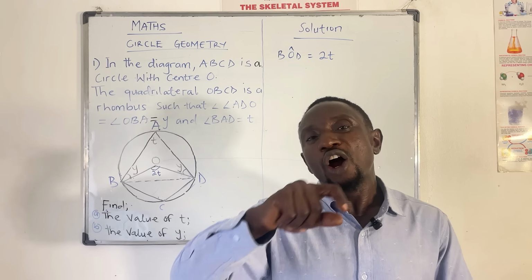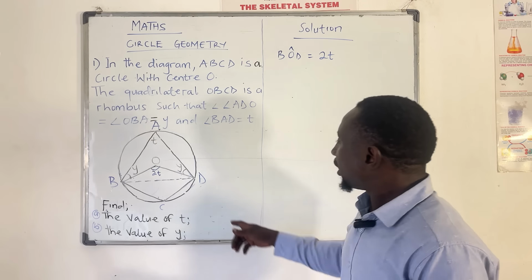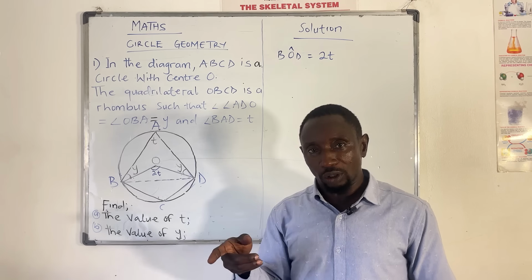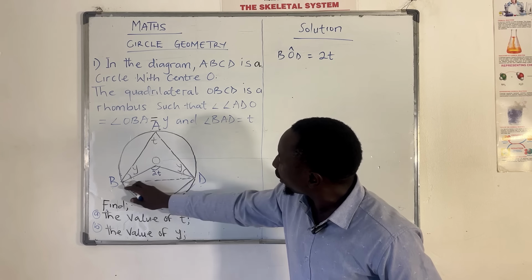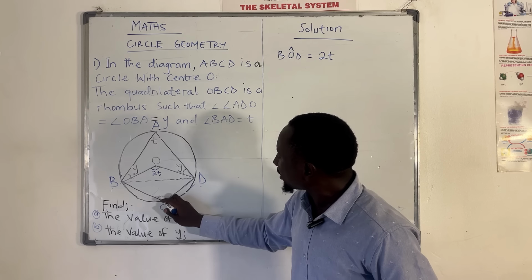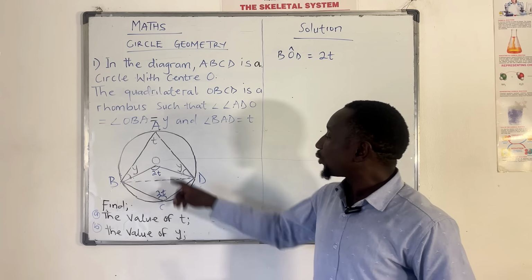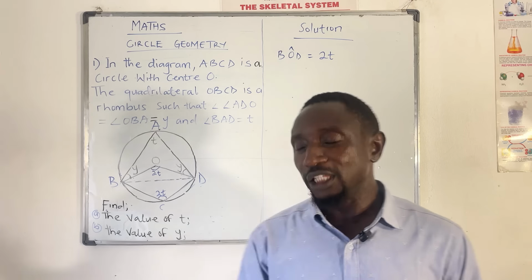For a square, each angle is equal to 90 degrees. But for a rhombus, only two opposite angles are equal. Now, if this is 2T, if you are considering this rhombus, it means this one will also be 2T. Yes, because like we said, opposite angles in a rhombus are equal.